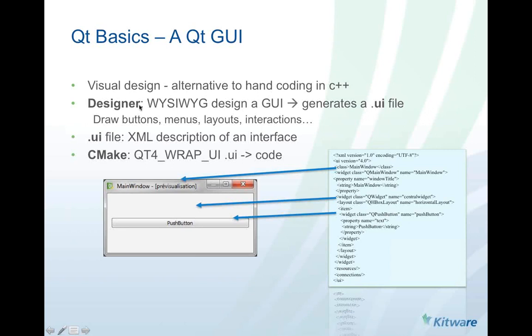Designer, which I'll show you in a second, is a visual editor in which you lay out the widgets, and then when you click save, it writes out a UI file containing all of the widgets that you've laid out. The UI file is just an XML description, so it's just a text file which says what each widget is and where it is and how they're related to each other. And then in your CMake project, you use the macro Qt4 wrap UI, which will turn this XML file into compilable code.